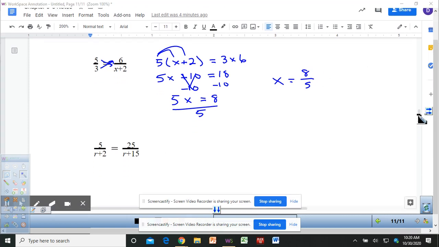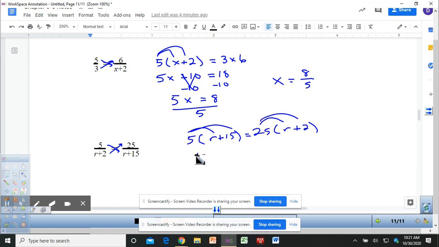Same thing here. Cross multiply. So you got 5 times r plus 15 equals 25 times r plus 2. So we're going to have to distribute on both of them now. So 5r plus 75 equals 25r plus 50.